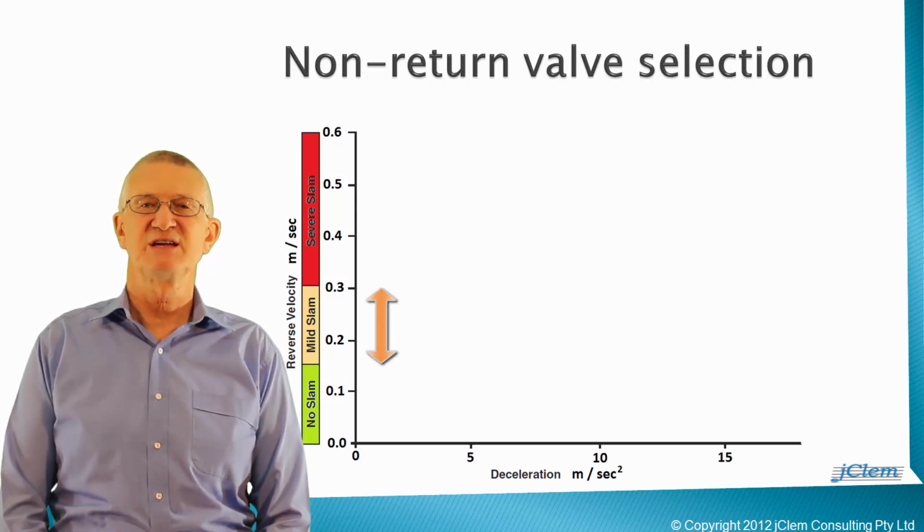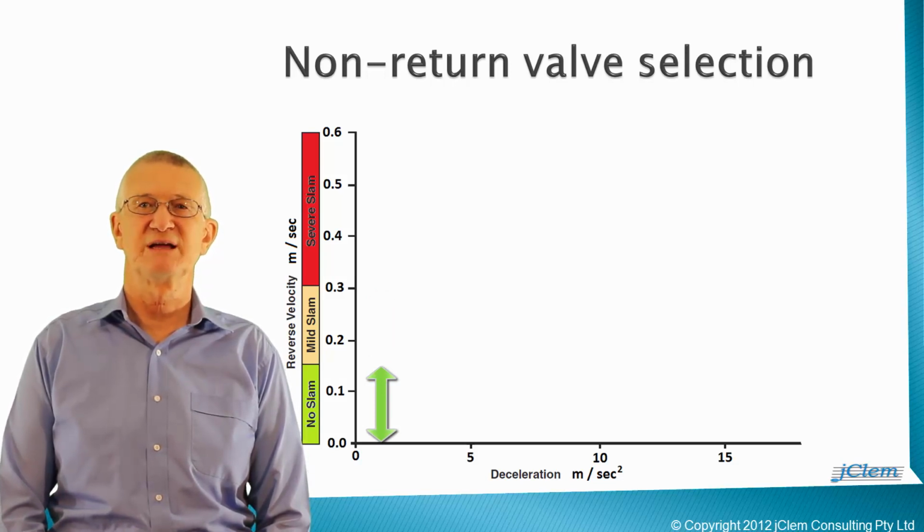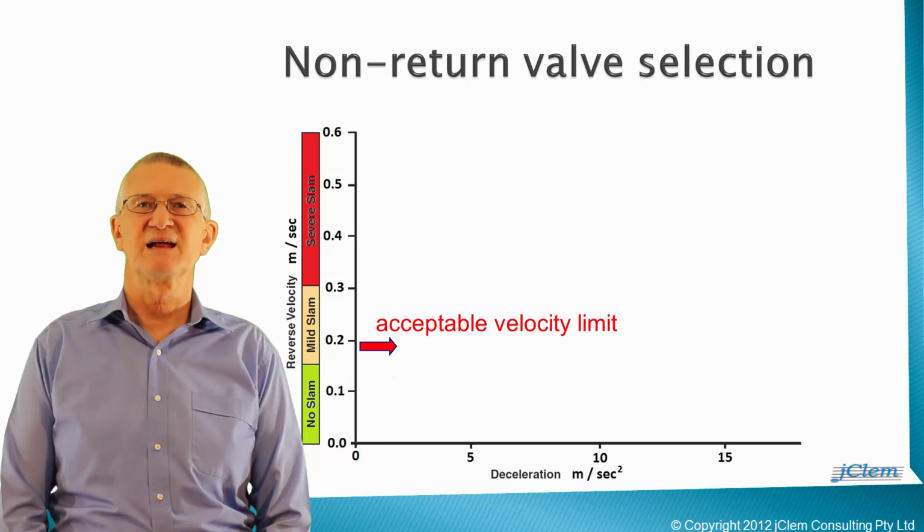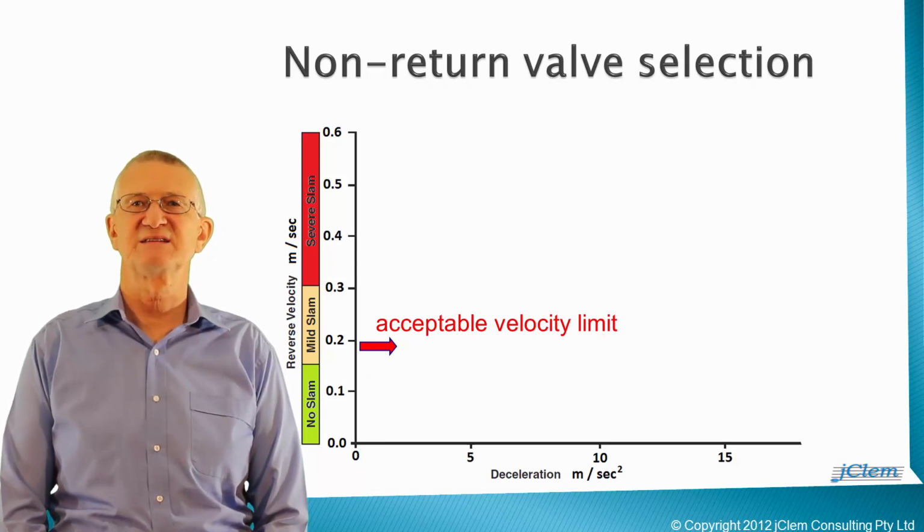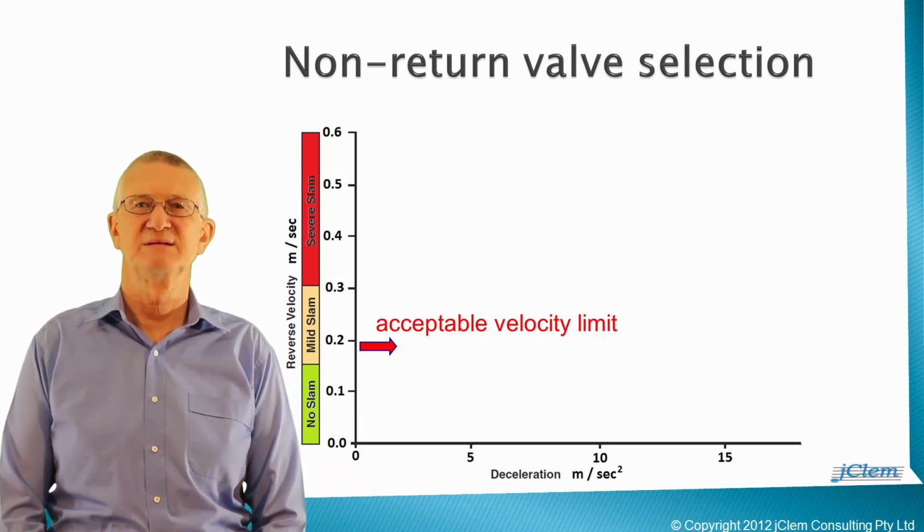The scale suggests that mild slam is the range when a valve closes against a reverse velocity of 0.15 to 0.3 meters per second. Non-slam is reserved for cases closing against a reverse velocity about 0.15 meters per second. For discussion's sake, let's assume transient analysis has set the acceptable maximum reverse velocity as 0.29 meters per second.